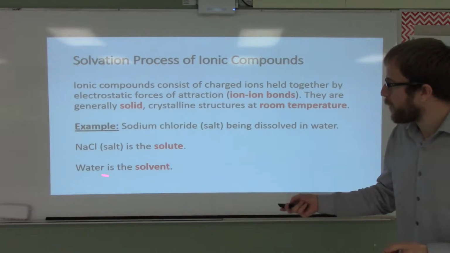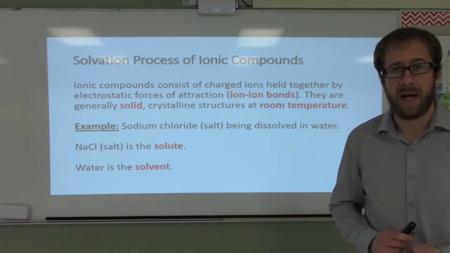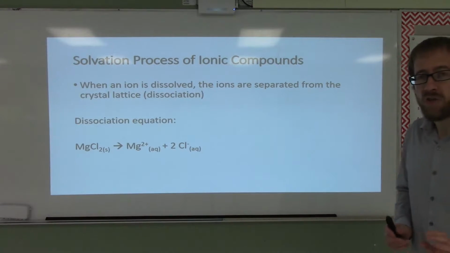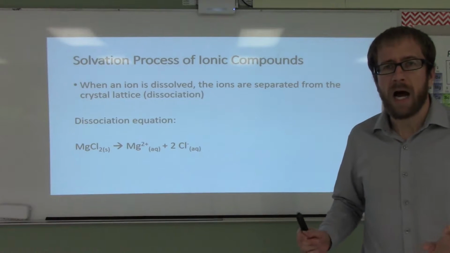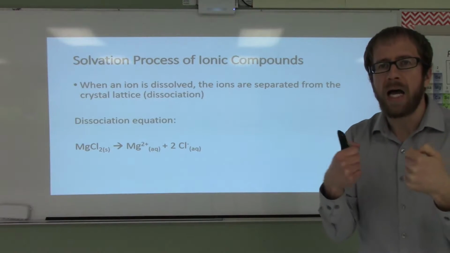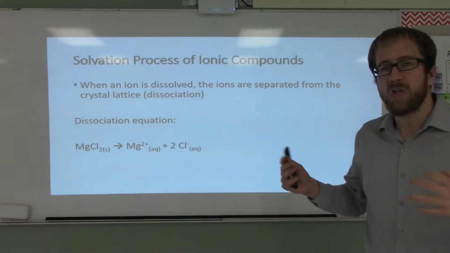And this is the example I'm going to be using to describe how ionic compounds dissolve. So when an ionic compound is dissolved, the ions in the crystal will separate. And when those ions separate, we call that process dissociation, right?